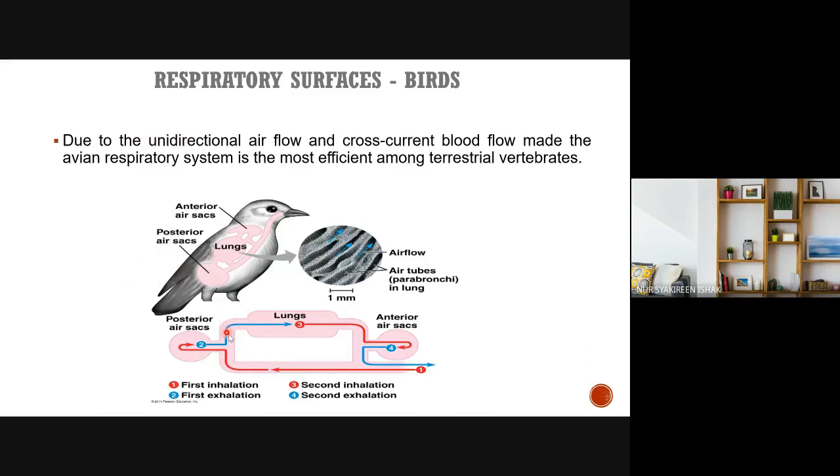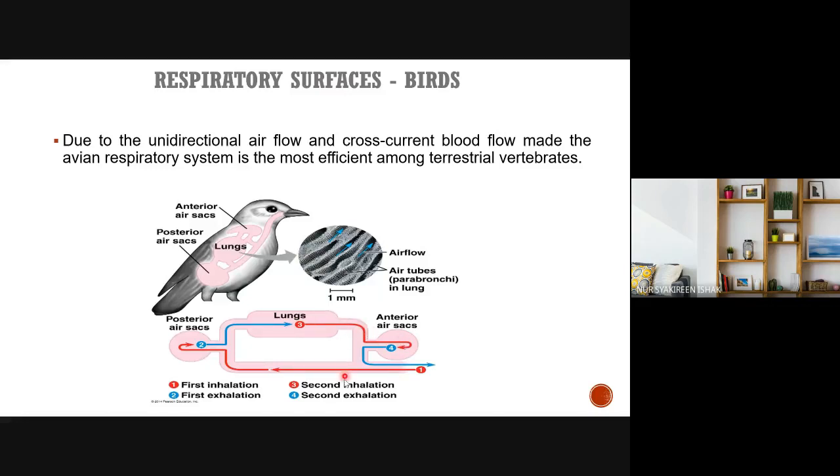Okay, so kalau tengok kat sini, during first inhalation, what happened? Posterior and also anterior air sacs will expand. So when they expand, the posterior is filled with fresh air. The anterior is filled with stale air from the lung.